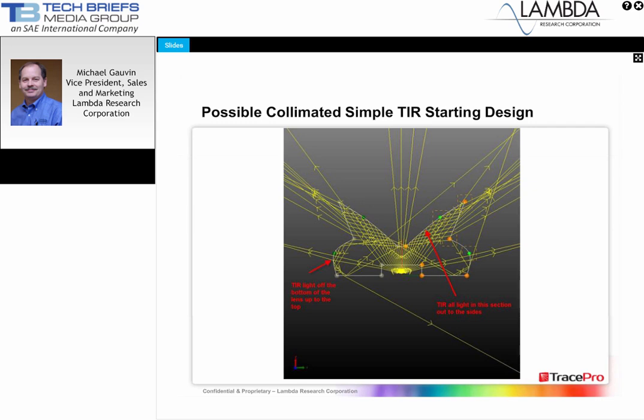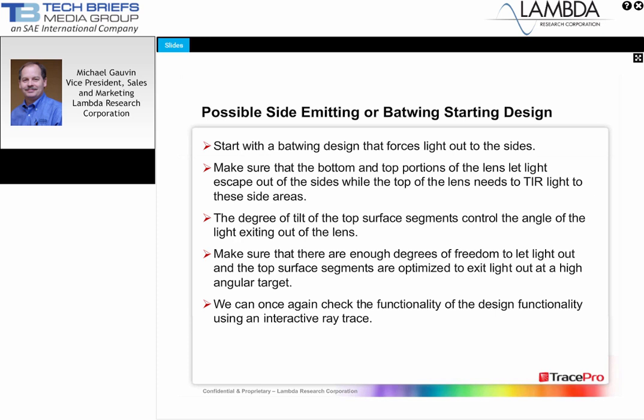So if we deepen the V, it's going to give us a different angular output than if we make the V more shallow. At the same time, we have to make sure that we keep TIR. And the sides have to be such that we don't want TIR. We want light to go through those sides.